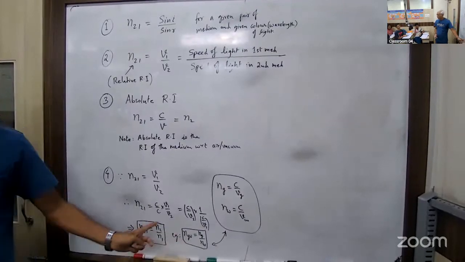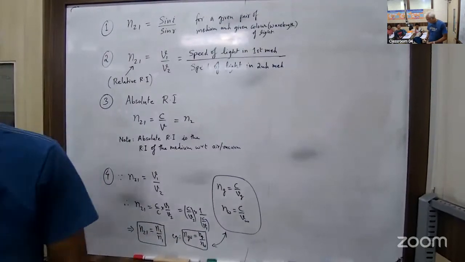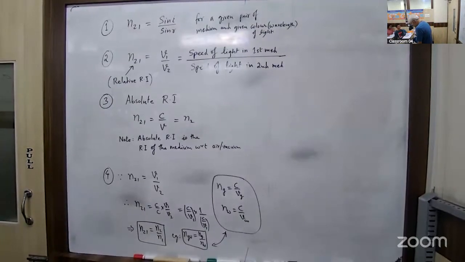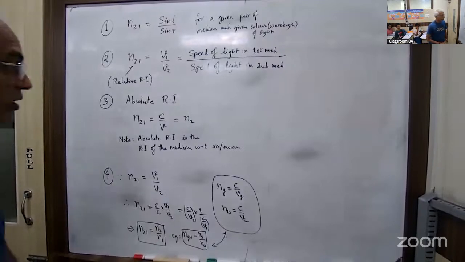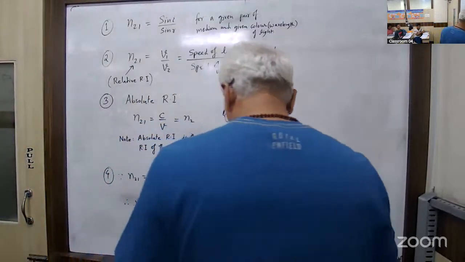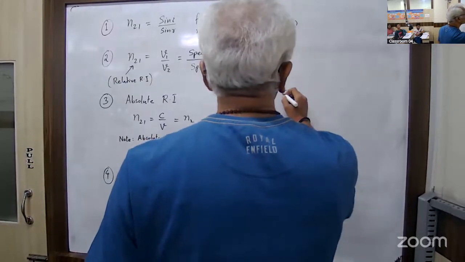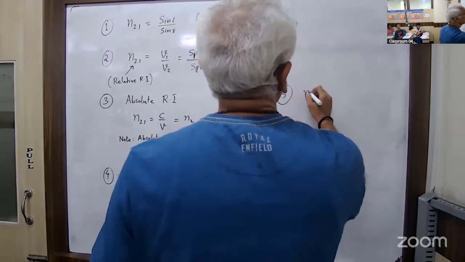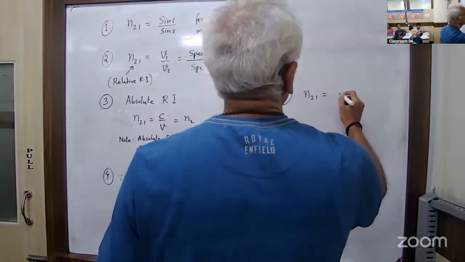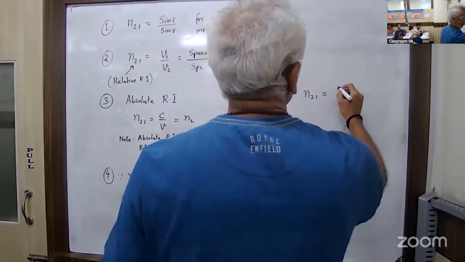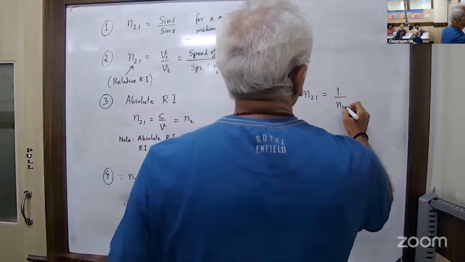So here this will be useful. With this, we have completed all the relations of refractive index. There is one more thing, fifth: N21 is also equal to 1 by N12.